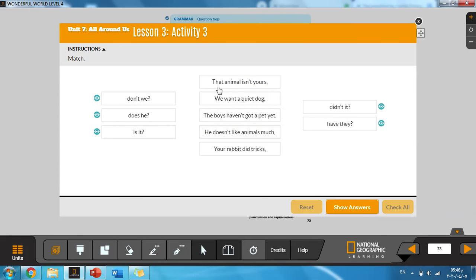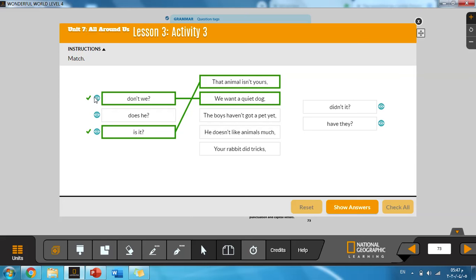The first sentence: That animal isn't yours. Try to find the answer. That animal isn't yours, is it? Second one: We want a quiet dog, don't we? The boys haven't got a bet yet. We have the boys and haven't.